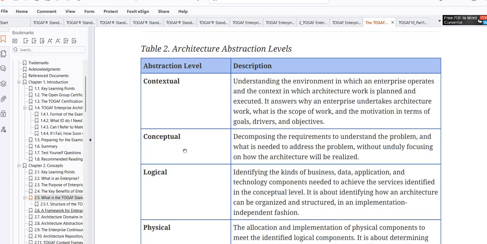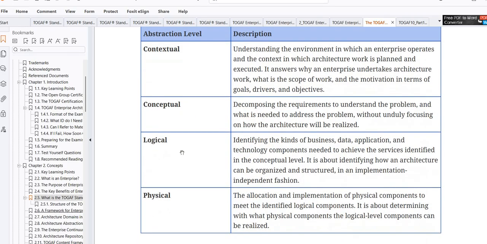That is called conceptual. Okay. Now logical. If you see, it identifies the kind of business model you have: data, application, and technology, and how you are implementing the structure. That will come as logical. And physical is how you are going to identify the implementation part of it, determining which physical component you are going to realize.